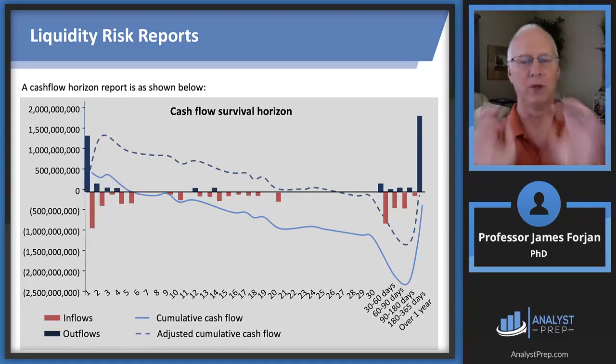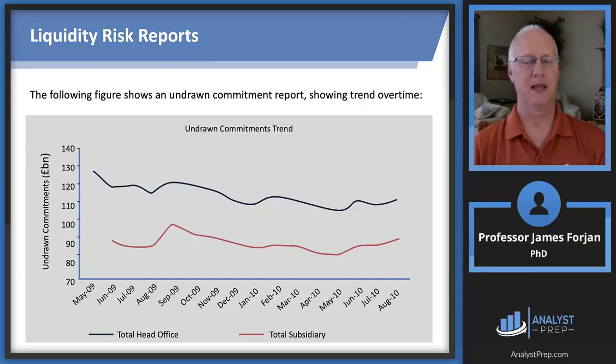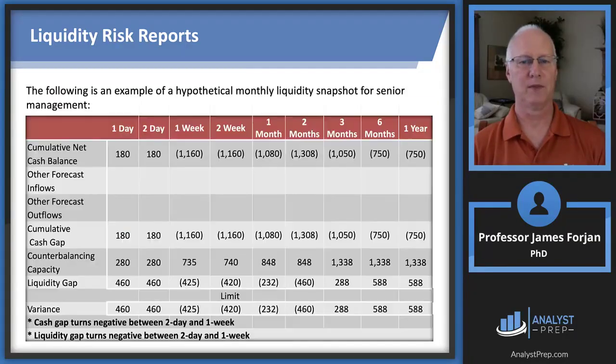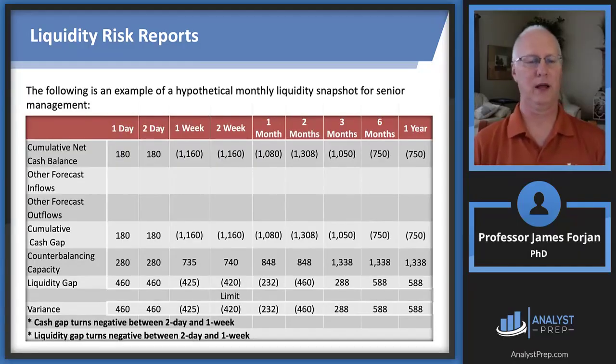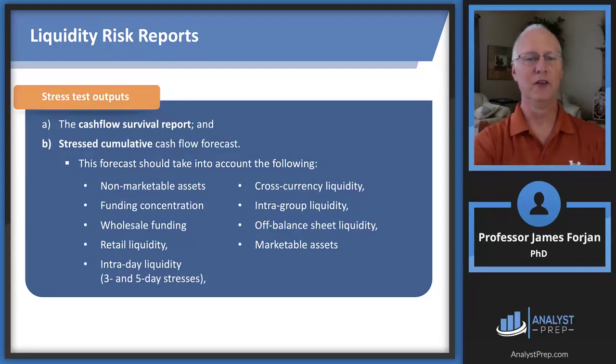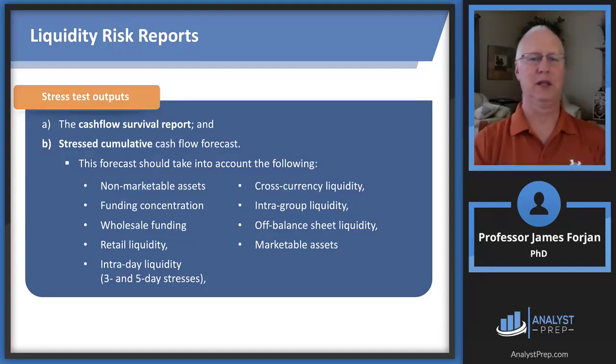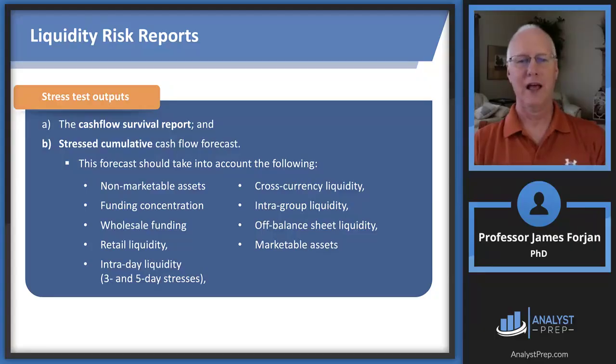We want to put something like this together under stressed environments, for 1 day, 1 week, and all the way up to a year. So, a stressed cash flow survival report and a stressed cumulative cash flow forecast. And of course, it should include some or all of those possible stressed events.